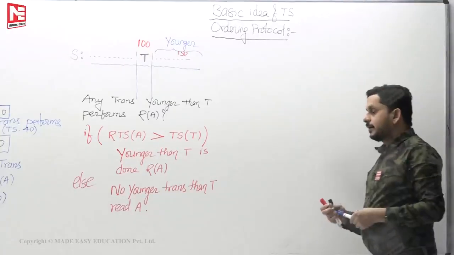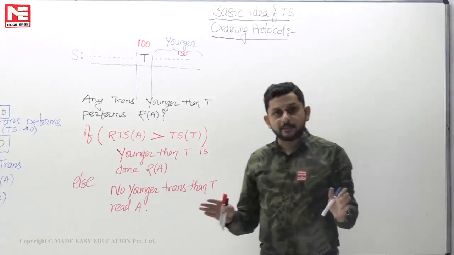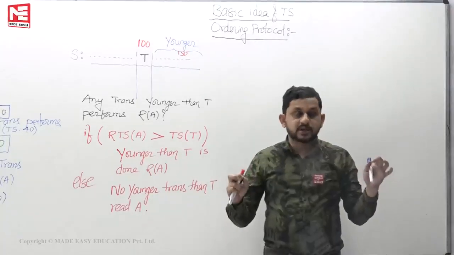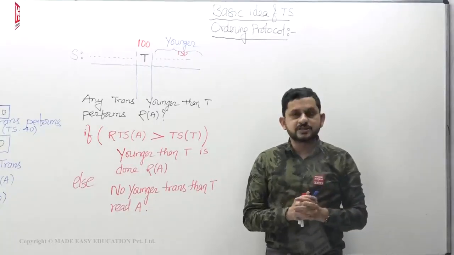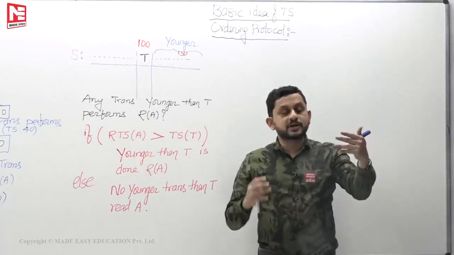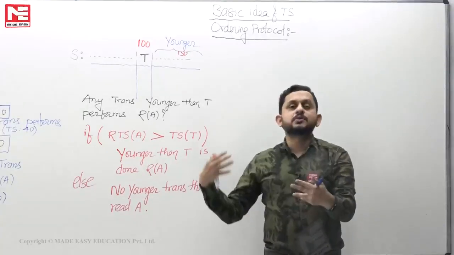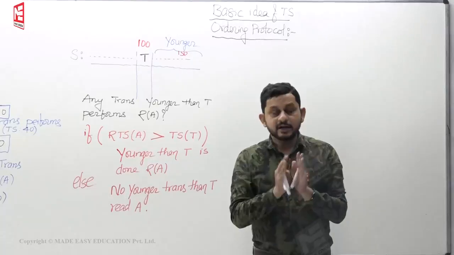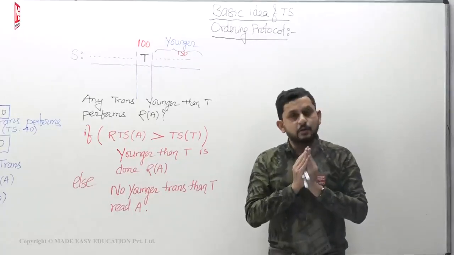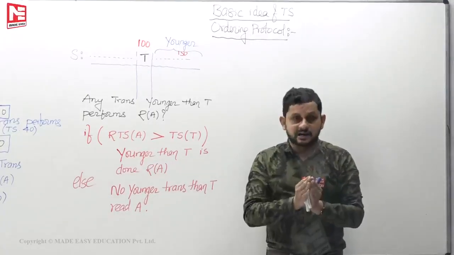See, the timestamp ordering protocol allows transactions to execute concurrently. Concurrent execution is allowed. In between T1, T2 can execute. In between T2, T3 can execute. Like interleaving is allowed. Timestamp ordering protocols allow transactions to execute concurrently.